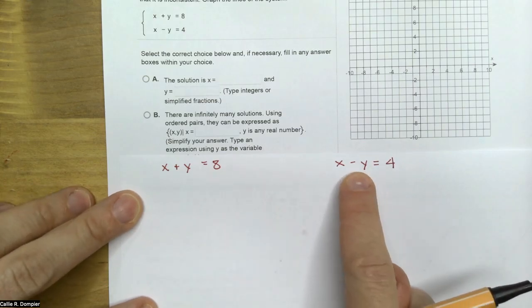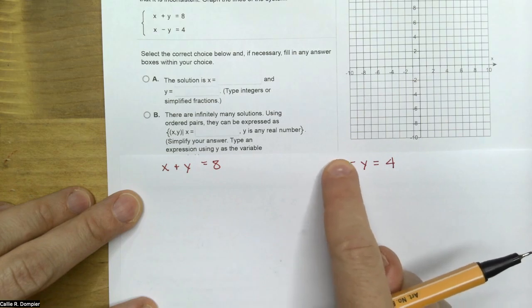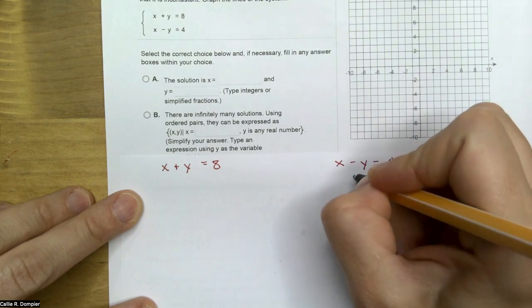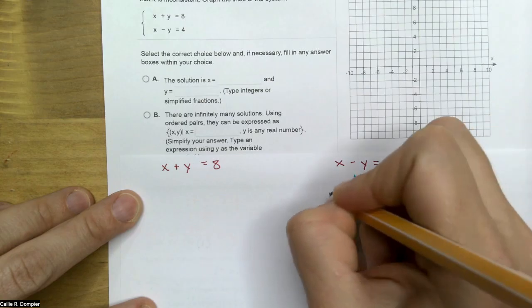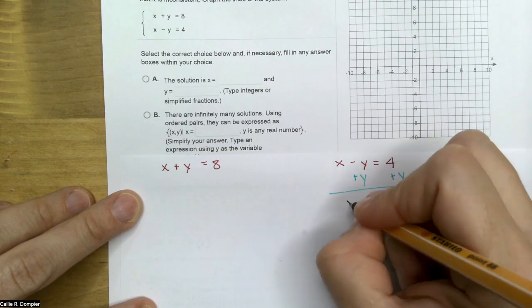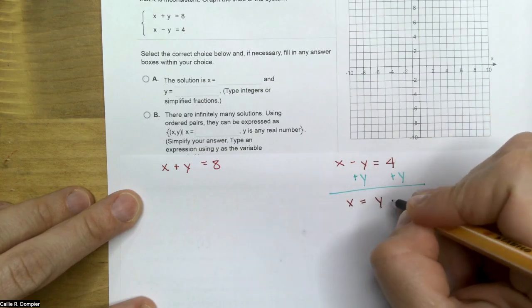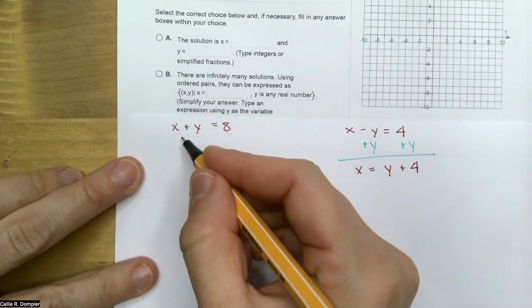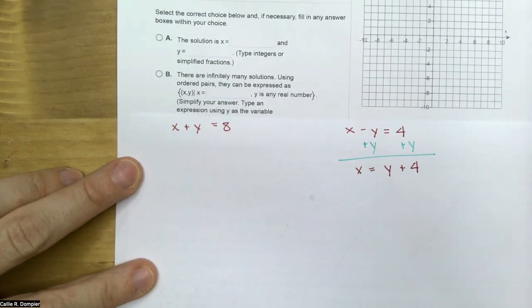I like positive numbers, so I'm going to isolate x in this equation by adding y to both sides. And we get x equals y plus 4. And then we're going to put that in for x, and we will be able to solve for y.